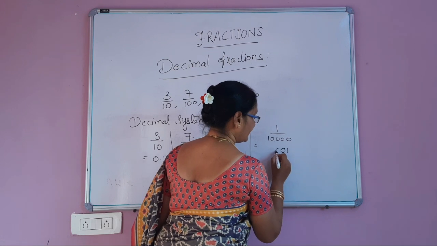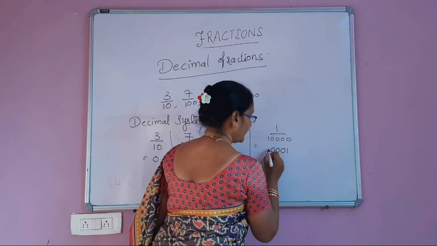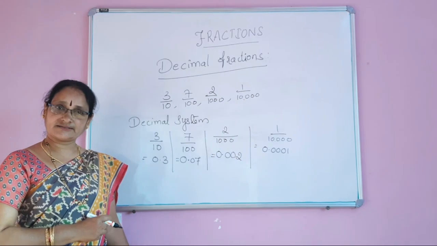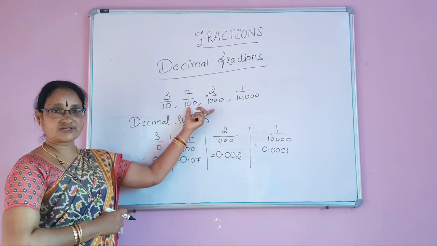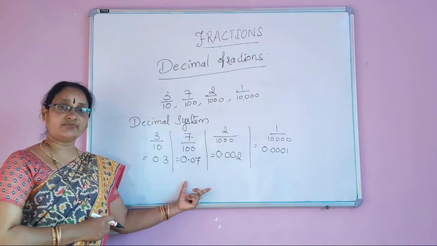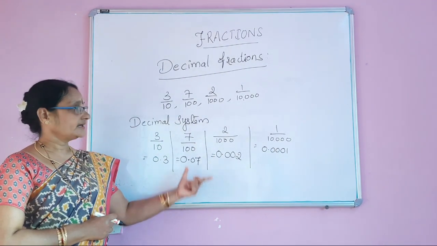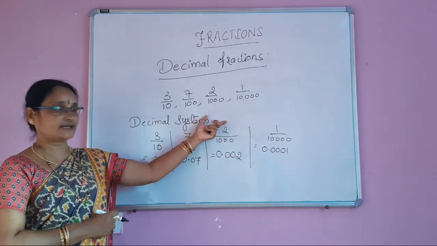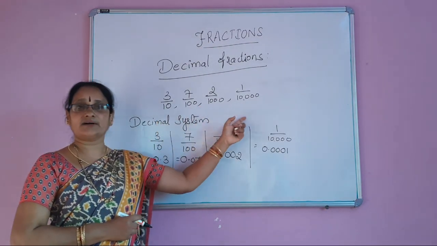Units, tens, 100, 1000, 10,000 place there will be the decimal point. So here decimal fractions can be written in the form of decimal system like this. Decimal fractions are those which are having in their denominators 10 and powers of 10.